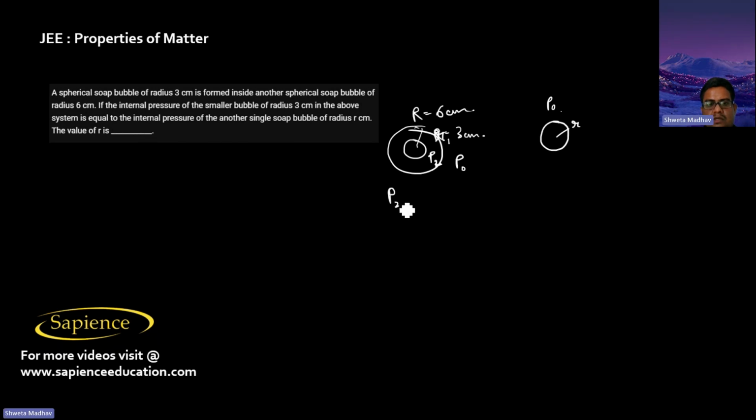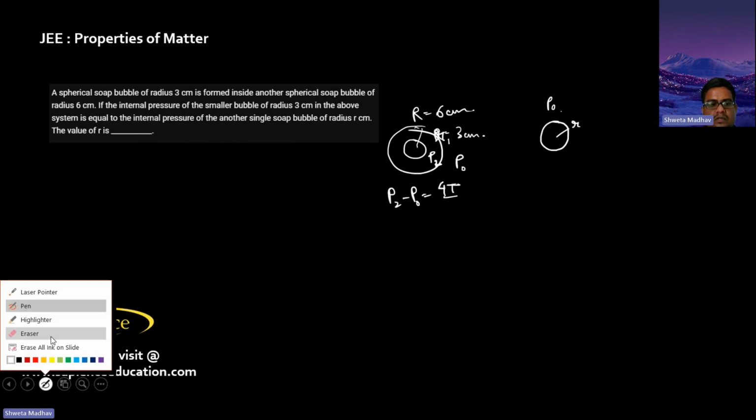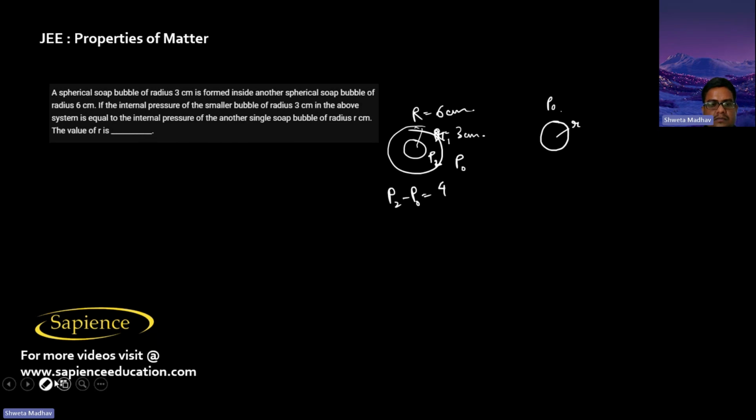So P2 minus P naught is equal to 4S by R, where R is 6 centimeter. S is the surface tension.